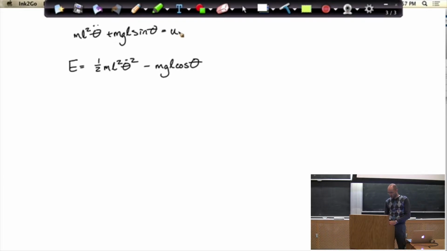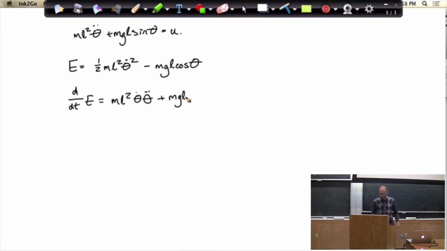So let's think about the time derivative of this energy. I'll just differentiate this. The 2 cancels out, and I get ml squared theta dot times theta double dot, and then plus mgl theta dot sine theta.